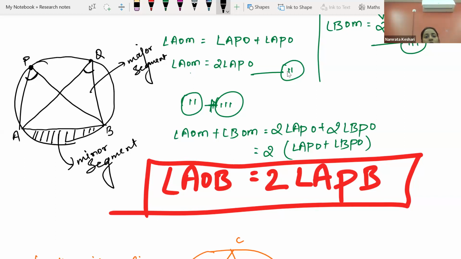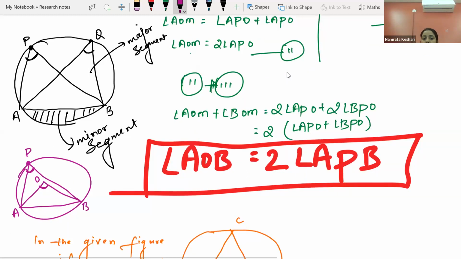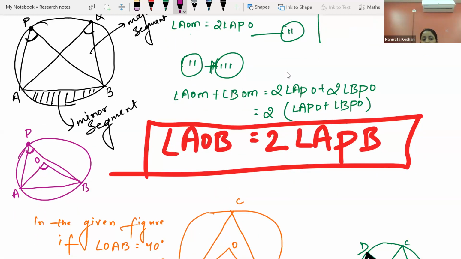Why? Because we just said that if we have only one point P, okay, and there is a chord, this chord is creating an angle at P. This angle P has a relation with the angle at the center. That center angle must be double of P, right? Right, this is what we proved just now, that the angle created by an arc or by a chord at the center is double the angle created by it on the remaining part of the circle.